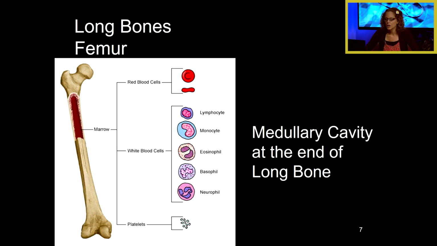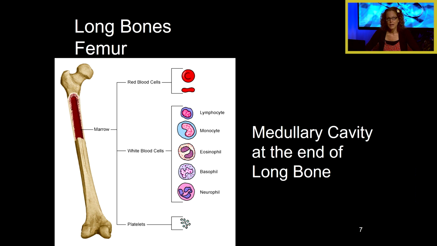So let's take a look here. We can see the long bone, one of them, the femur. We can see here that red blood cells come from the marrow, along with white blood cells, including our lymphocytes, monocytes, eosinophils, basophils, and neutrophils, and also our platelets. It's a good time for a reminder that our red blood cells help deliver oxygen to our tissues.